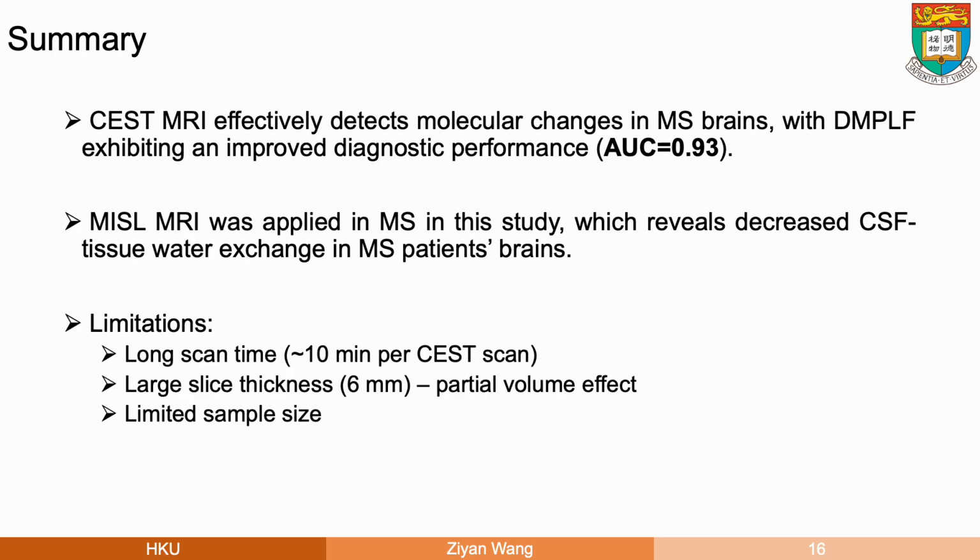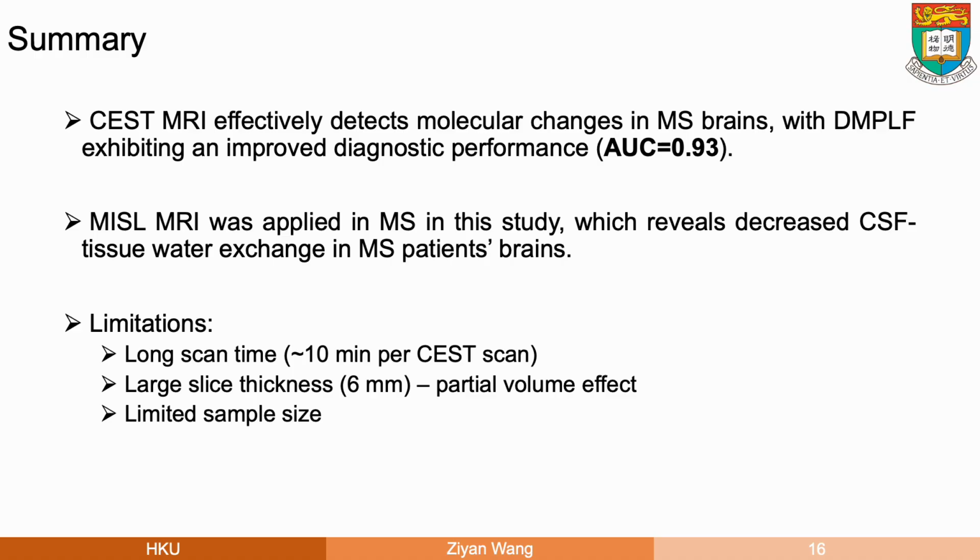In summary, we found that CEST MRI can effectively detect molecular changes in MS brains, with DMPLF exhibiting an improved diagnostic performance with an AUC of 0.93. MISL MRI reveals decreased CSF tissue water exchange in MS patients' brains.